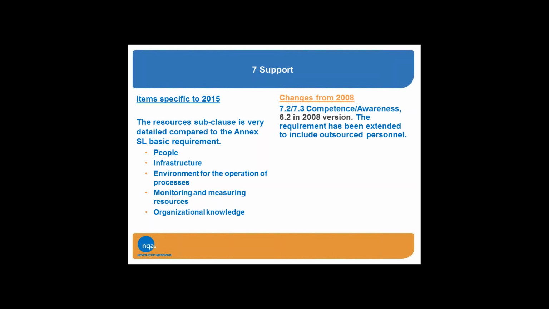So if you are appointing external personnel, subcontractors, outsourcing in any way, you may need to look at the competence of those people. It'll depend on how critical the activities are that they're carrying out for you, the extent to which you need to look at that competence. Everybody, internal and outsourced, must be aware of the policy and objectives.